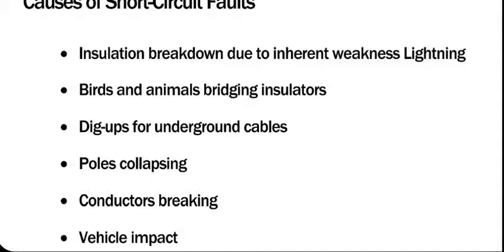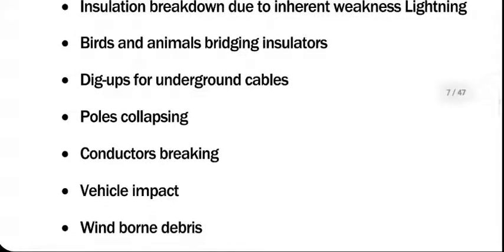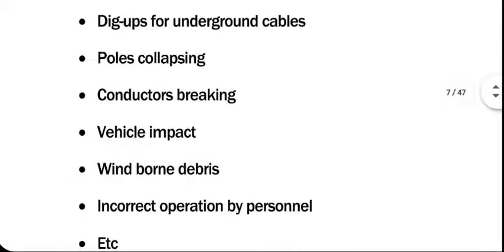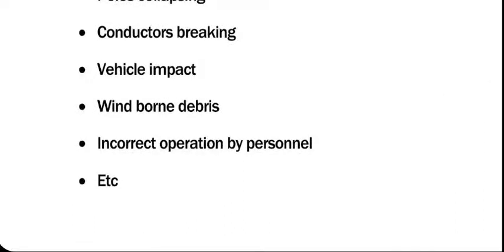Poles may collapse because of wind, etc. Conductors breaking will fall on other conductors, and it is possible that short circuits will be created. A vehicle may drive into the conductors because of an accident. Wind brings debris, and that debris might short circuit some of the cables. And of course, human error is always possible.